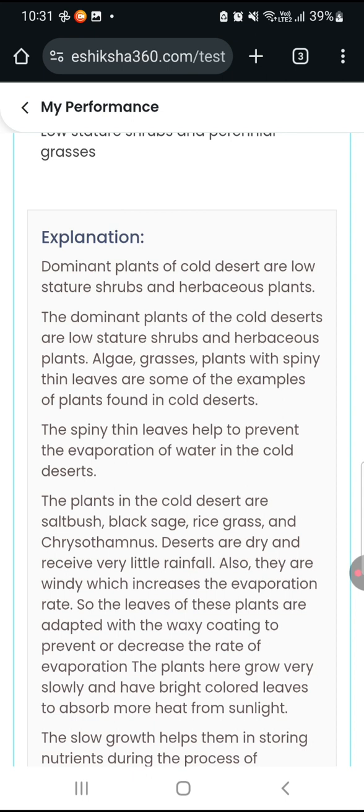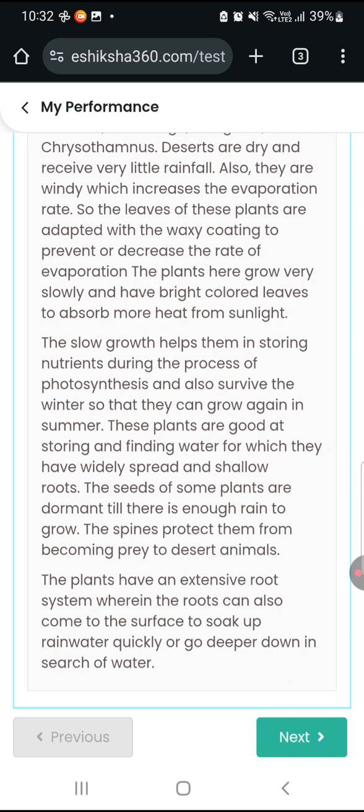The plants here grow very slowly and have bright colored leaves to absorb more heat from sunlight. This slow growth helps them in storing nutrients during photosynthesis and also survive the winter so that they can grow again in summer.